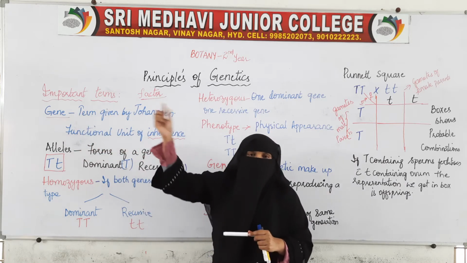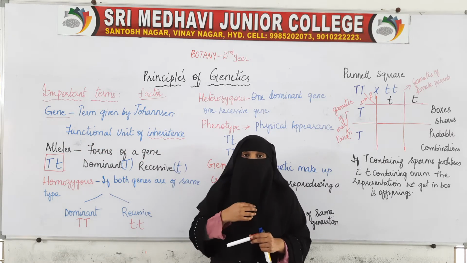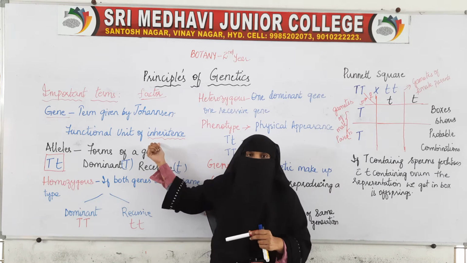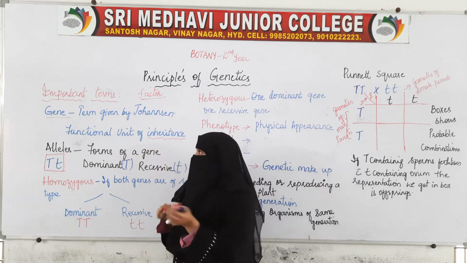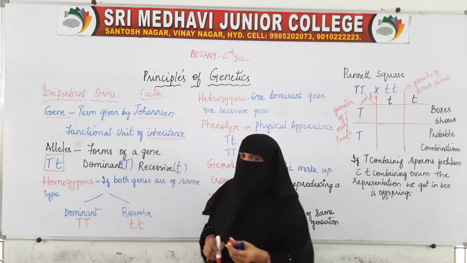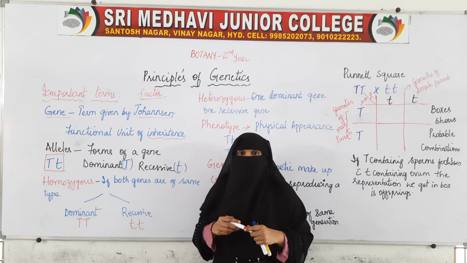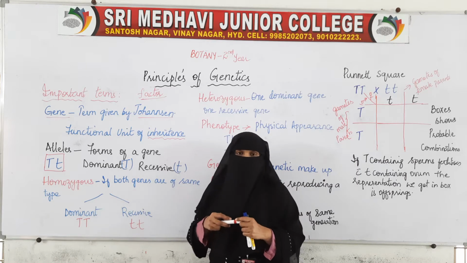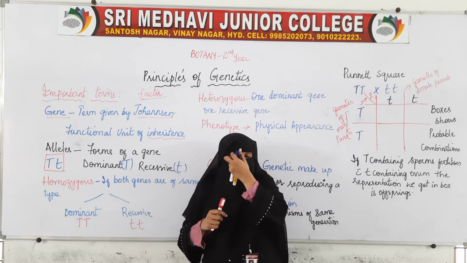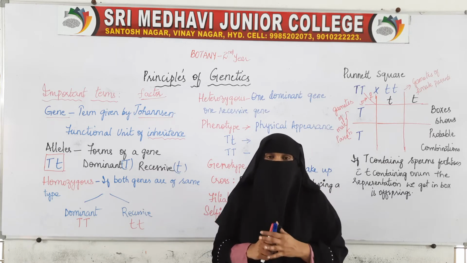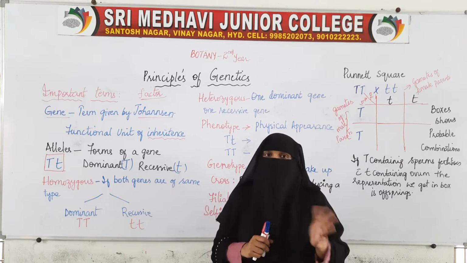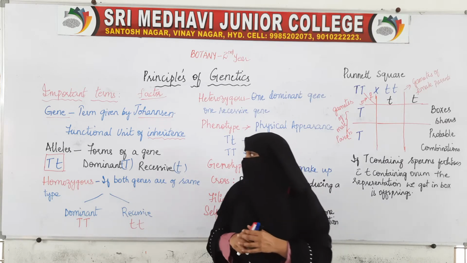This gene is a unit which is responsible for inheritance, the functional unit of inheritance. The term gene was given by the scientist Johannsen. So a gene is a factor which is responsible for passing of characters from one generation to another generation.